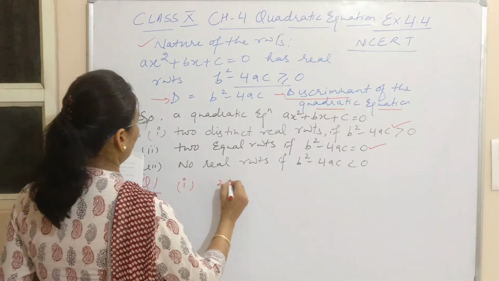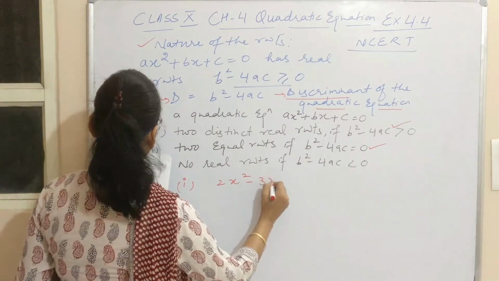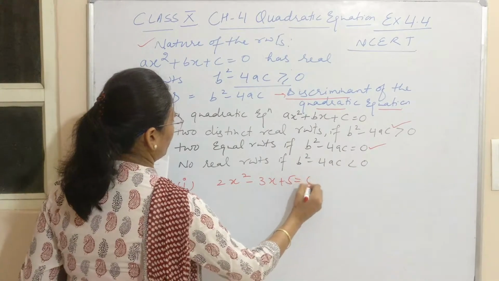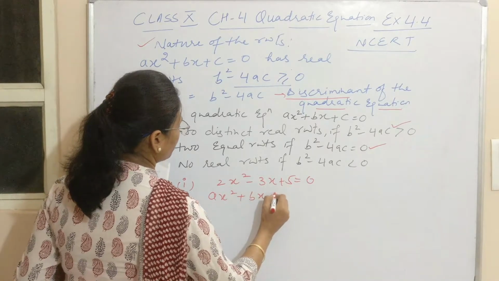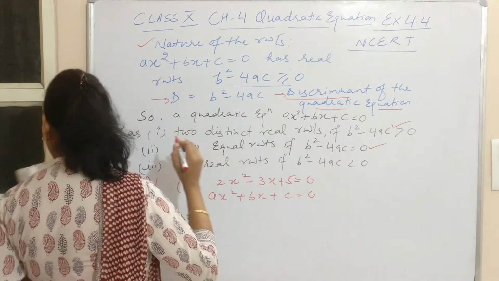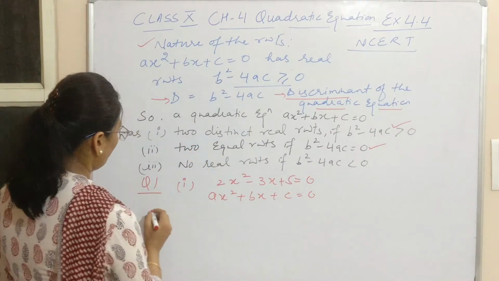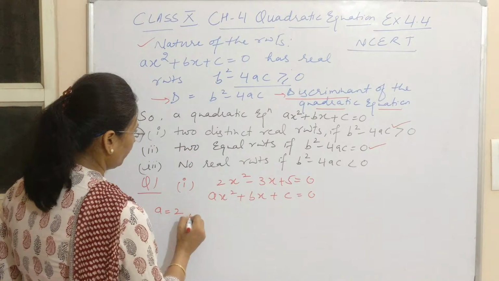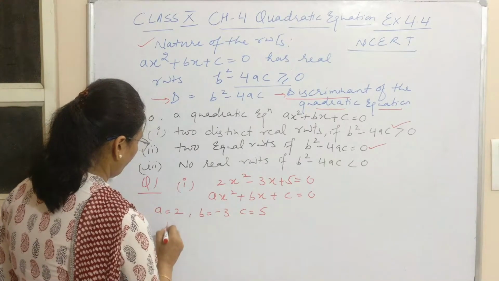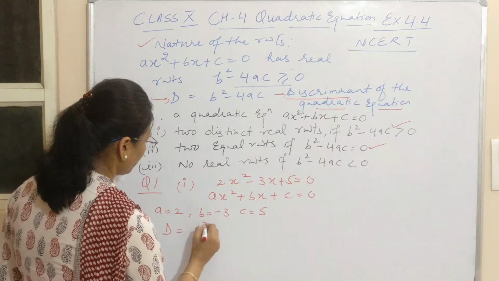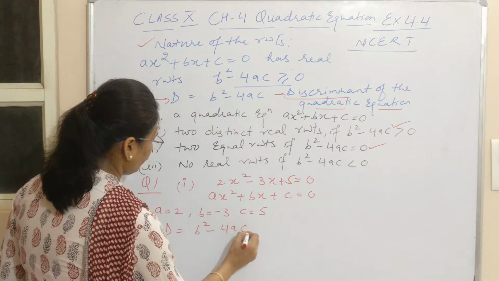We have been given 2x square minus 3x plus 5 equal to 0. So we'll equate it with the equation ax square plus bx plus c equal to 0. If you equate the coefficients, the value of a comes out to be 2, b is minus 3 and c is 5. First and foremost, find the discriminant, which is b square minus 4ac.